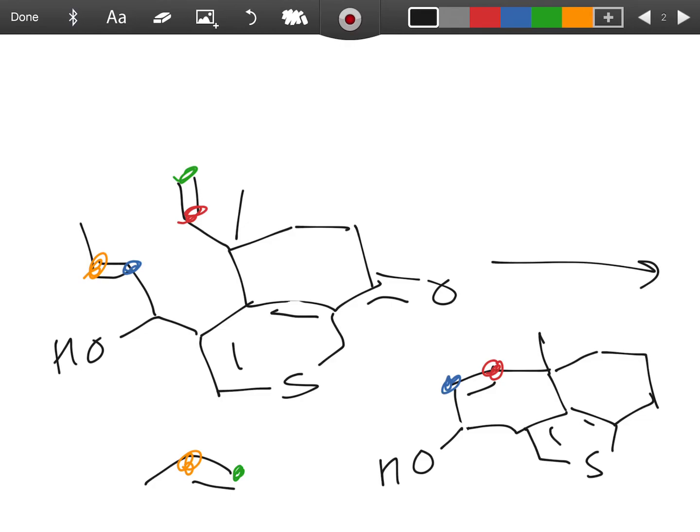The same rules from organic 1, where 5 and 6-membered rings are easy to make, and smaller rings like 4-membered rings and large rings like 7 and 8s are hard to make, still hold true for metathesis. So a lot of times when you see these examples, they might actually have a concentration associated with them.